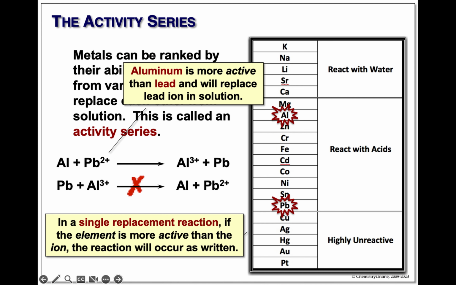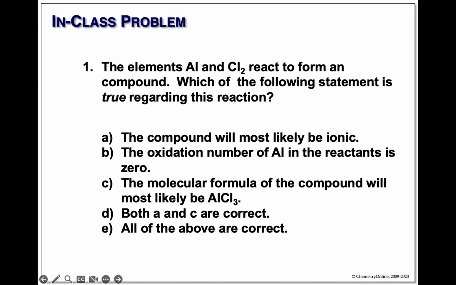All right, let's just do a couple quick questions. Aluminum and chlorine react to form a compound. What's true? First of all, I would write the reaction. It's going to be a synthesis reaction. Aluminum reacting with chlorine to give aluminum chloride.